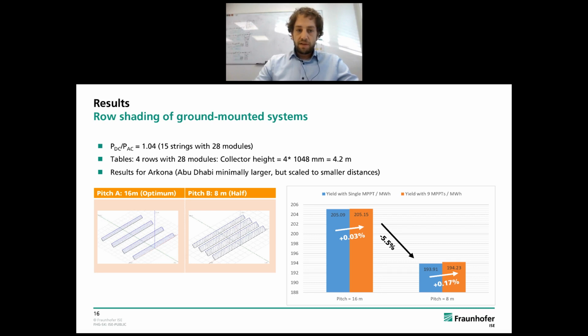That gives us a collector height of 4 meters, and the angle was optimized for the maximum yield, so for Arkona it is 35 degrees.